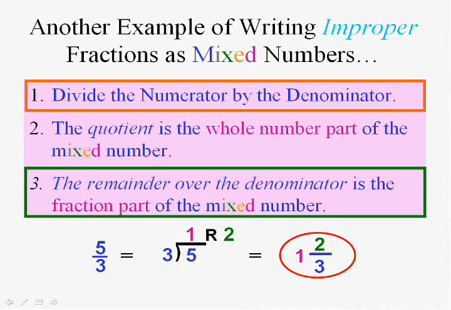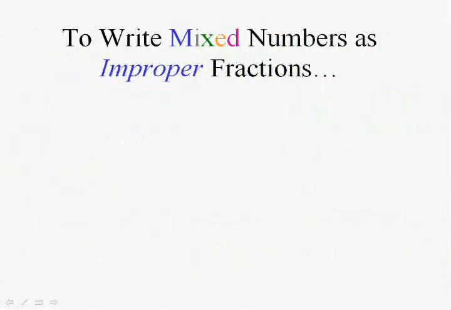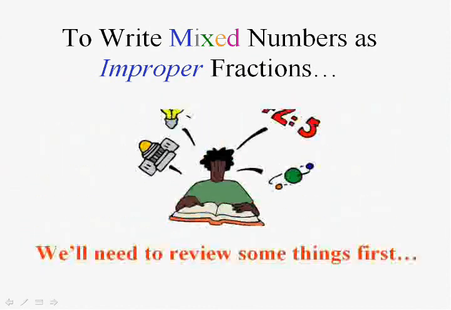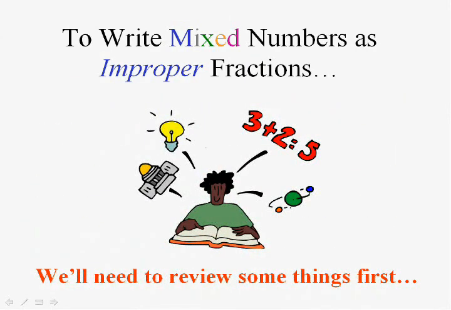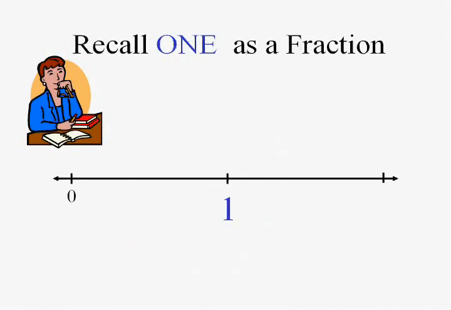Now, if we're going to go backwards and write mixed numbers as improper fractions, I'm going to have to review some things first. I want you to understand this. Recall that the number 1 as a fraction could be 3/3, as you can see.